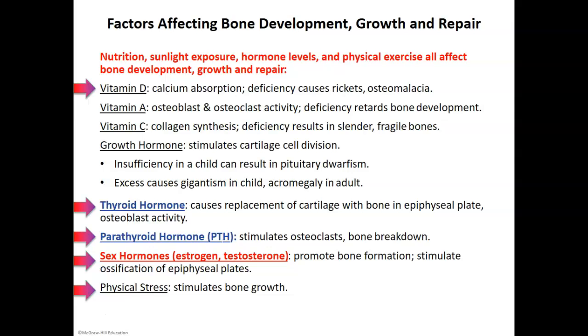Vitamin A is also going to be important because it is going to help regulate osteoblast and osteoclast activity. If you don't have enough vitamin A, then your bone development will be slow and insufficient. Vitamin C, we really think about as being involved as a part of our immune system, but vitamin C is really, really important in making sure the bones are strong and calcium deposits properly.